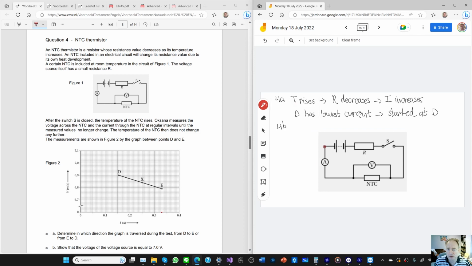So this would be a node, this would be one. I just assume the switch is closed. Here's a node, and then all the lines that are connected just form one node. I can then arbitrarily define that one node is at 0, and then they ask about the source voltage.